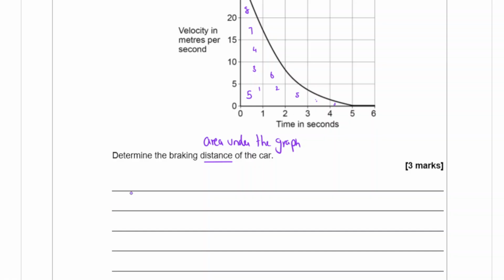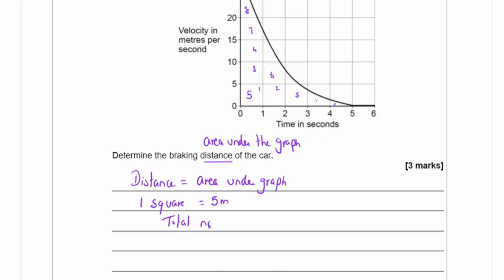So distance equals area under graph. 1 square equals 5 meters.